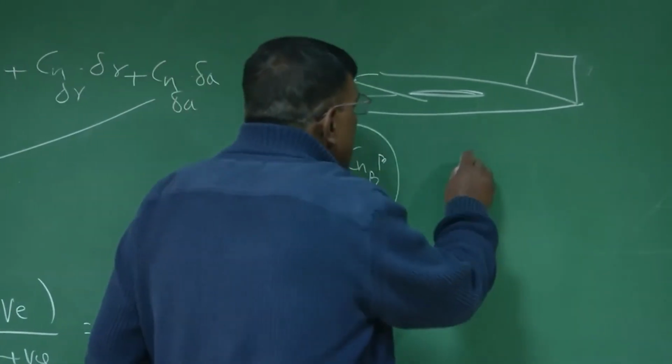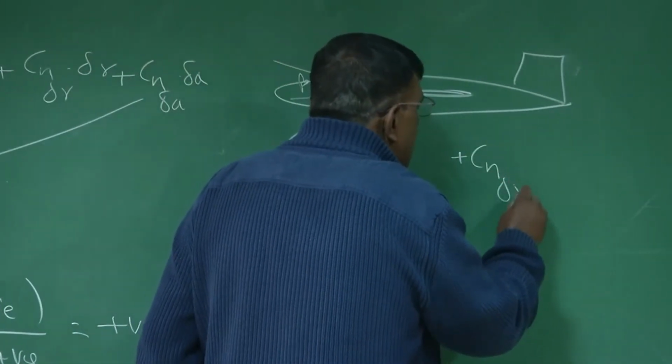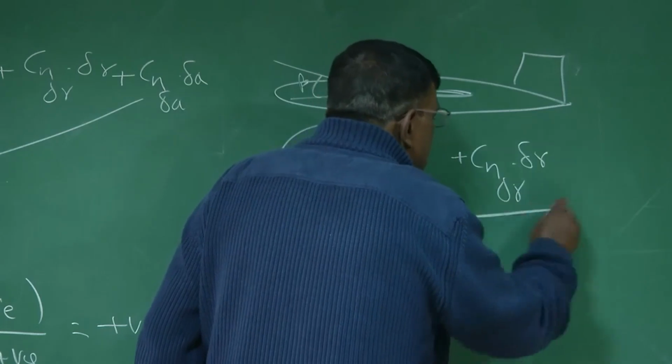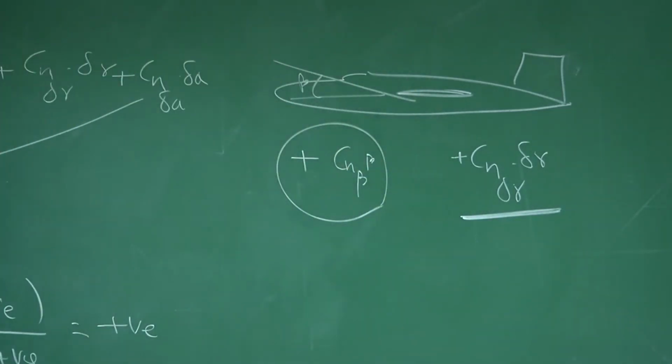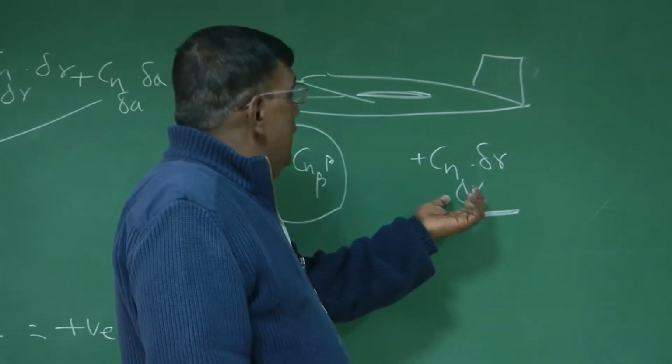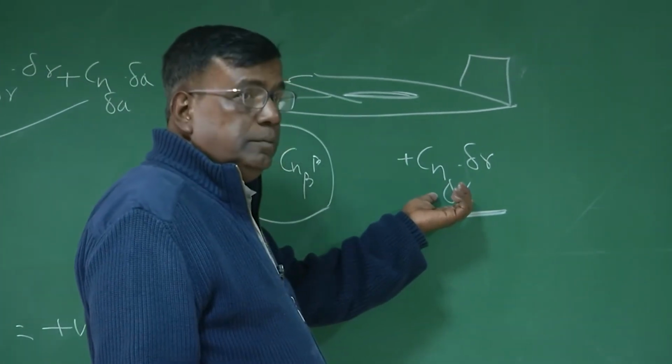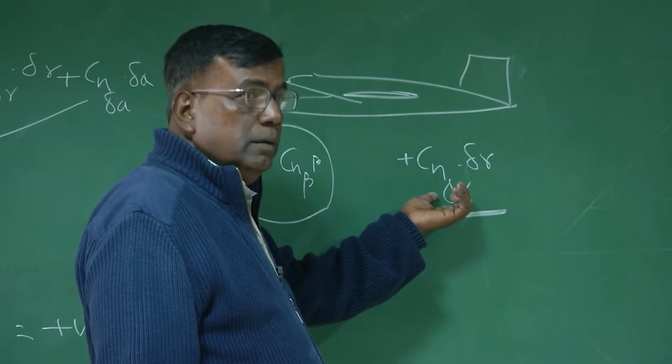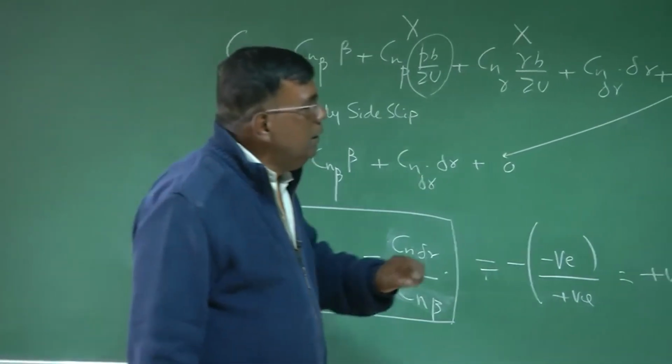Who will give that moment? Rudder. How much rudder gives? Cn delta R into delta R. This sign should be what? Positive or negative? Cn delta R into delta R should be negative. But you know, Cn delta R is positive or negative? So let us look here.